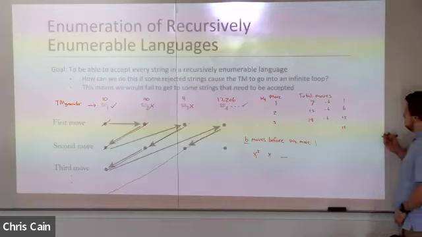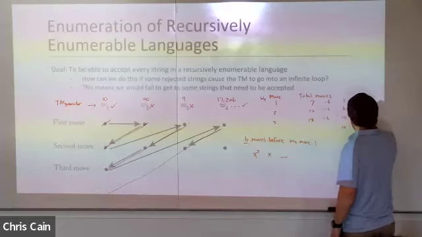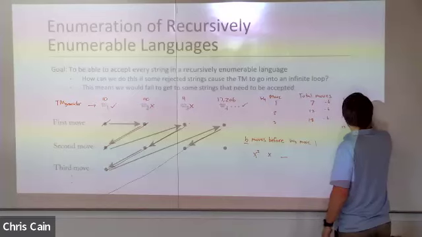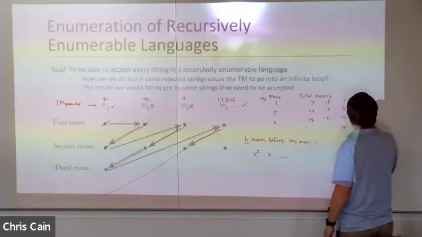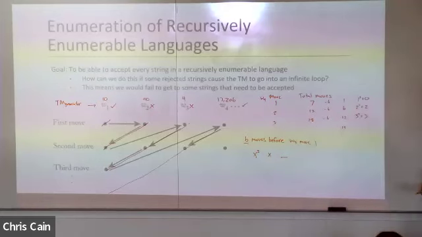So this is 1 squared plus 0. This is 2 squared plus 2. This is 3 squared plus 3. This isn't looking so good. We want this to be equivalent to that.